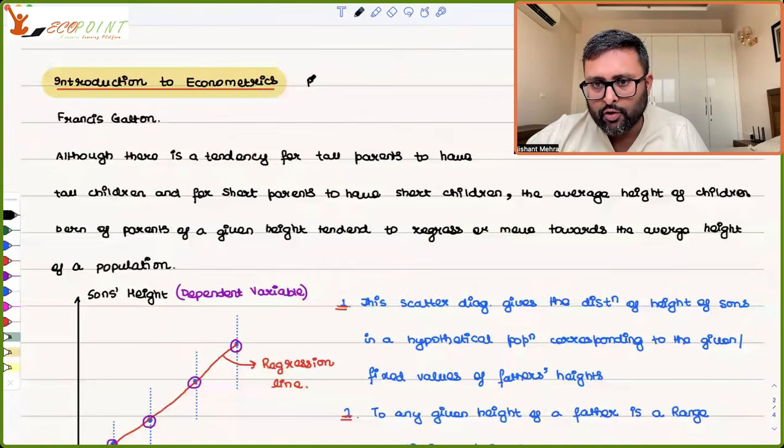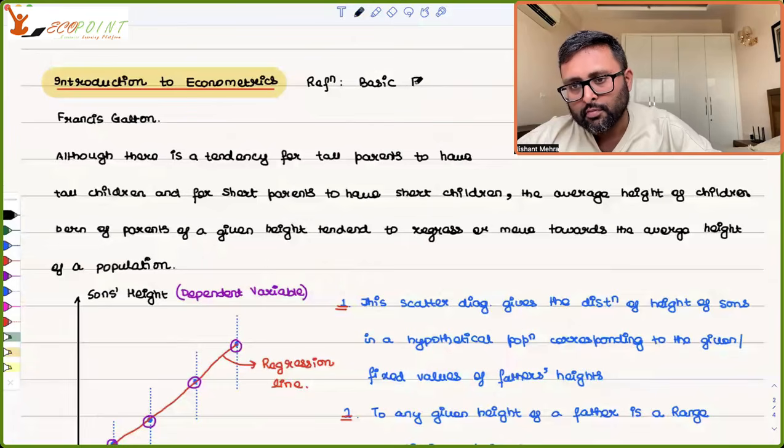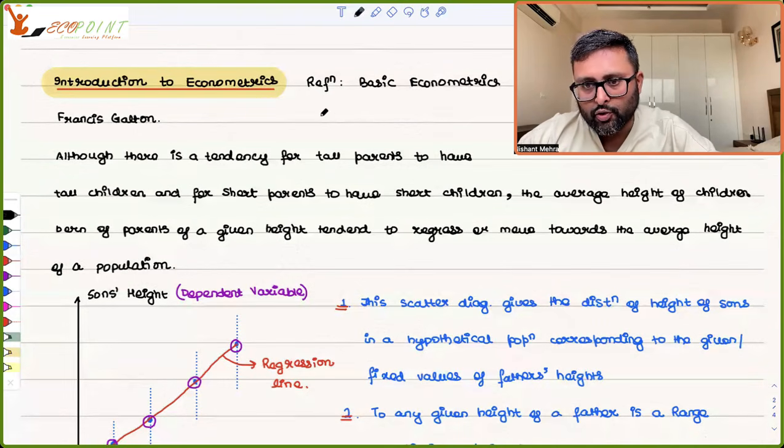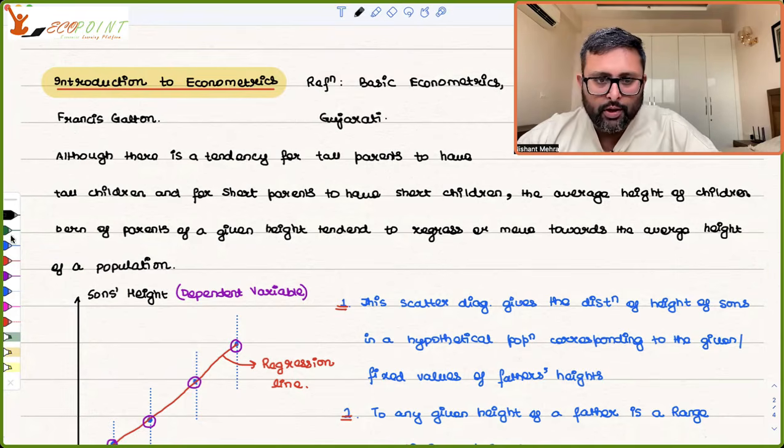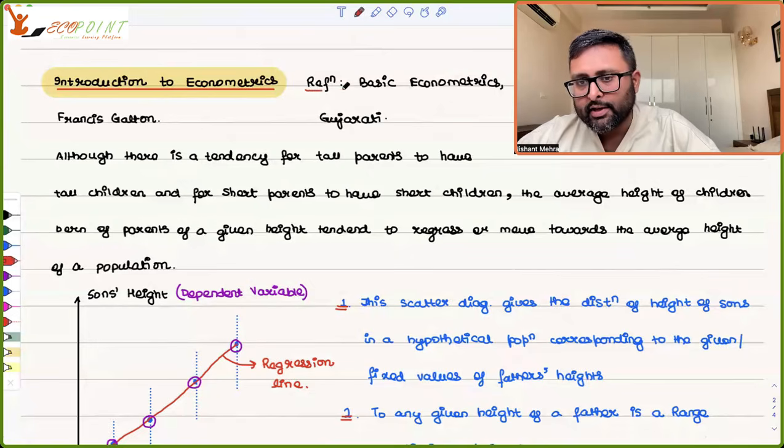I think I forgot to write the reference: Basic Econometrics, Gujarati. I might have an old edition, but you buy the newest book and make notes side by side.